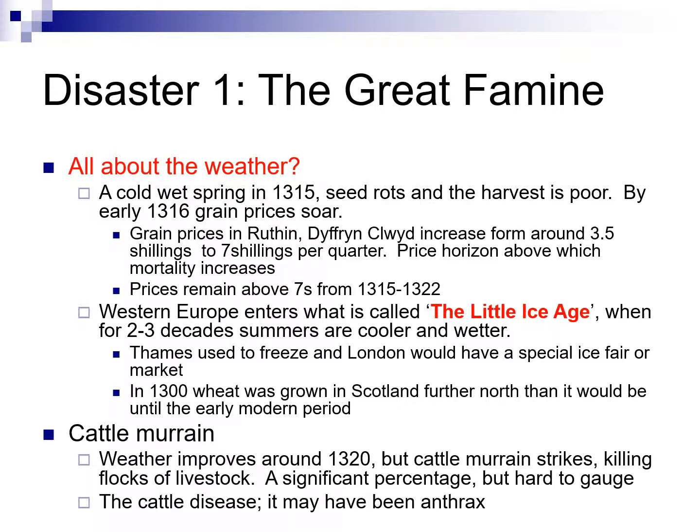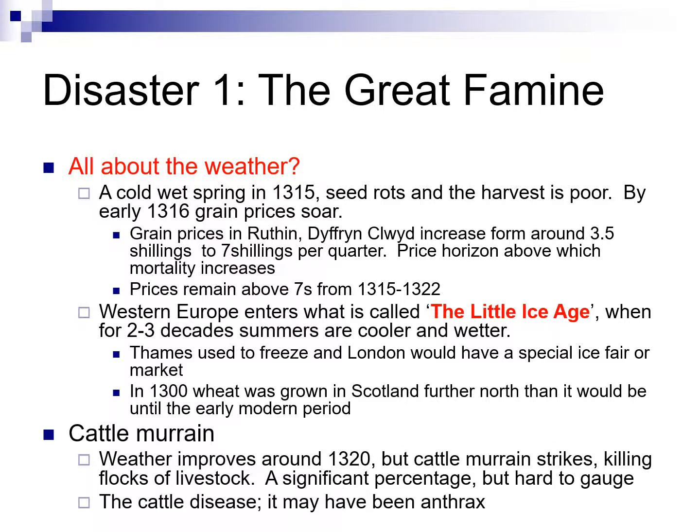Western Europe in this period enters what's been called the so-called Little Ice Age, when for 2 to 3 decades following 1315, we have typically cooler summers and wetter winters. During this period, the River Thames in London used to freeze, and they held a special ice market out on the river.